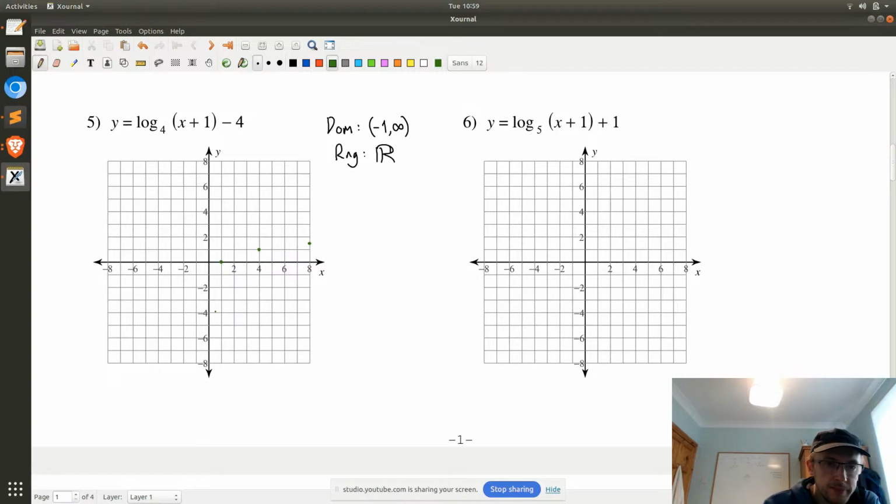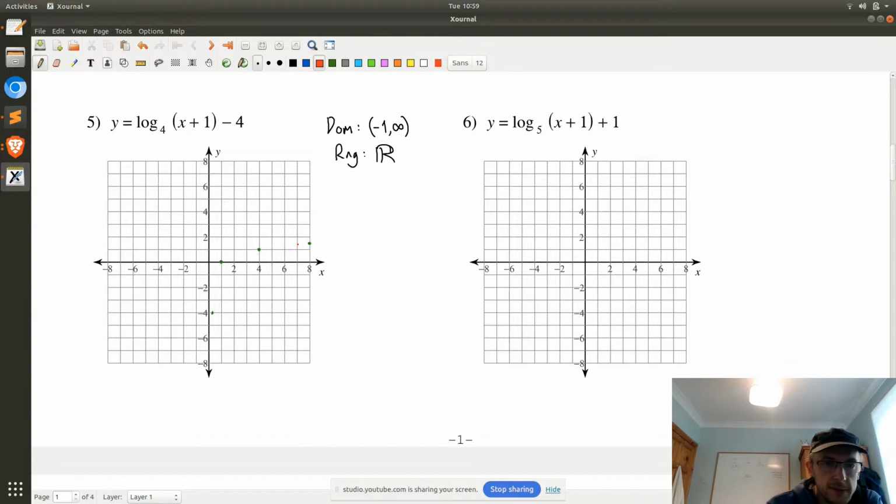And the quarter will be, not sure why I'm struggling with this one. Well, that'll be down there like that. Anyway, all right. So 1 to the left and 4 downwards.